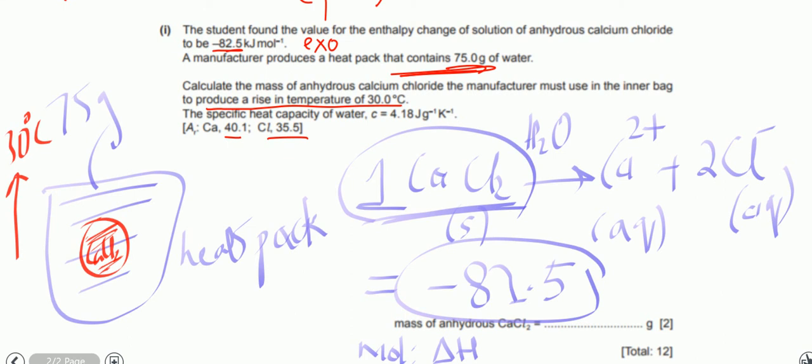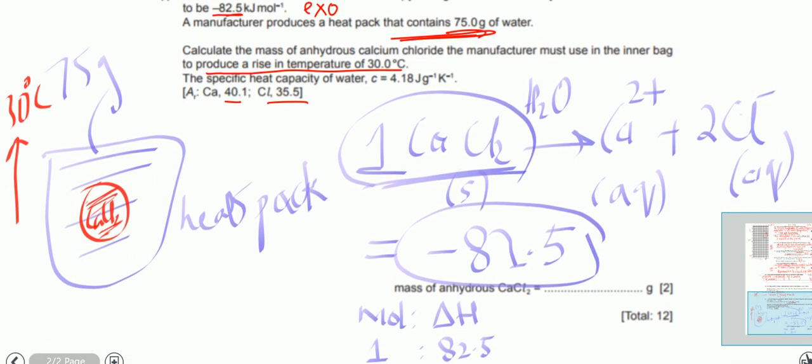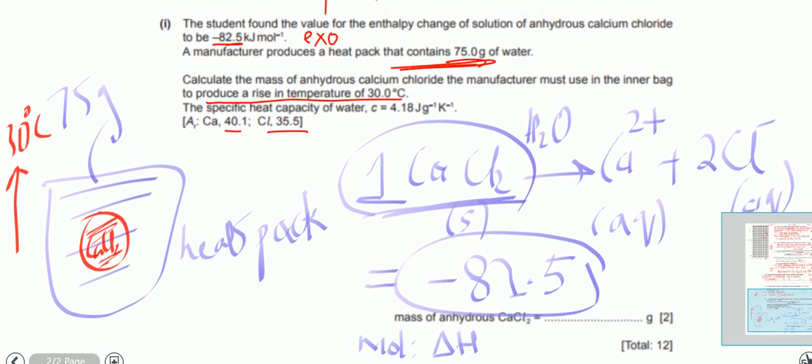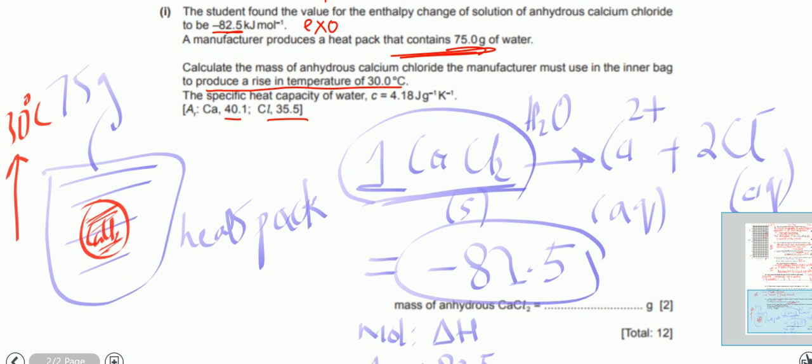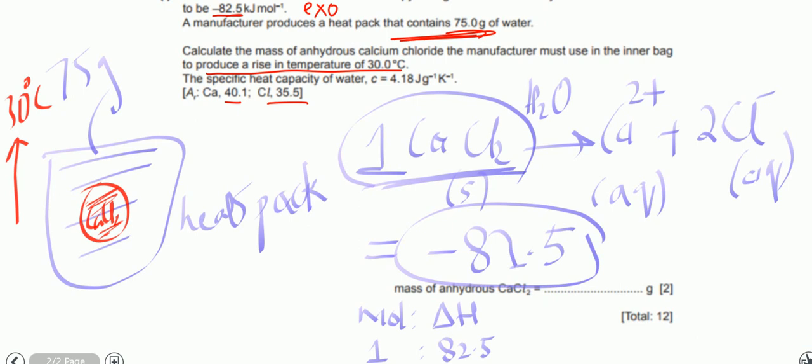Okay, so I'm just gonna clean this up a bit. First of all, we know that 1 mole is going to produce 82.5 of energy, but they're asking us for the mass of anhydrous calcium chloride that the manufacturer needs, not the moles of calcium chloride.